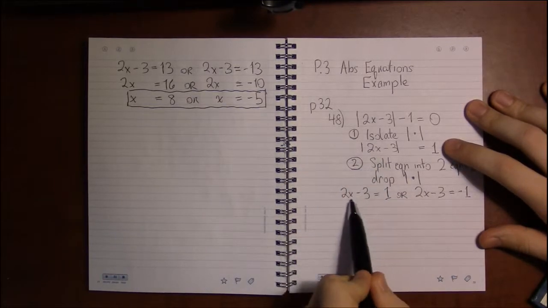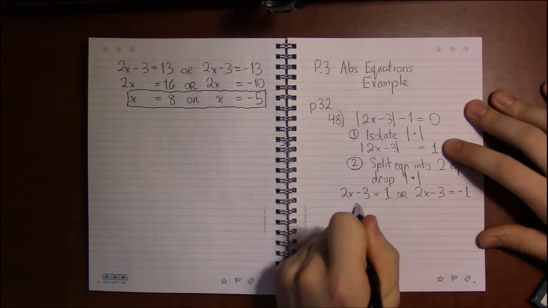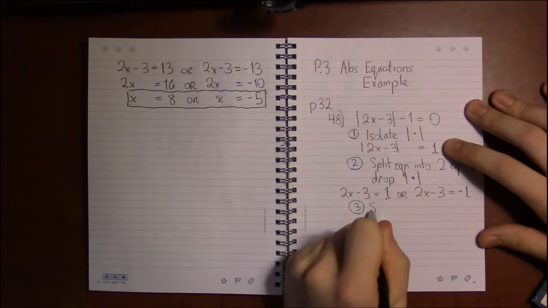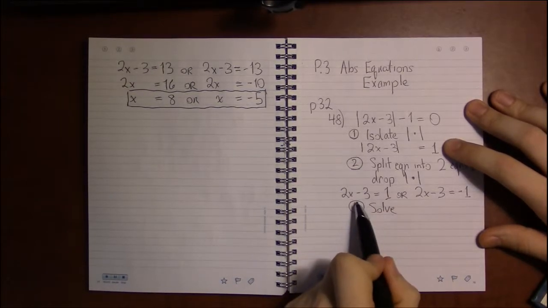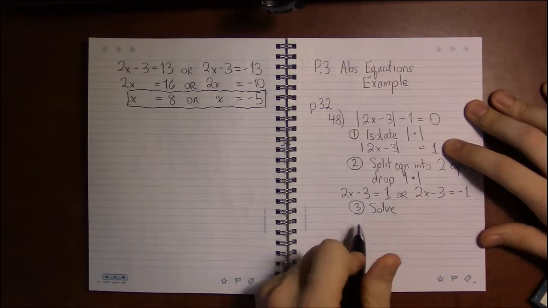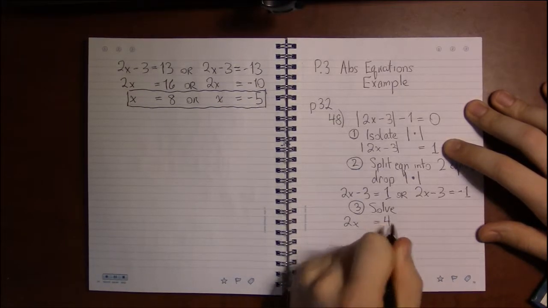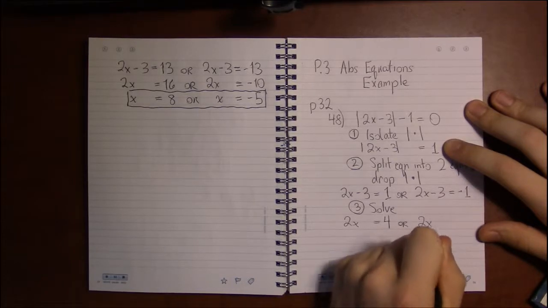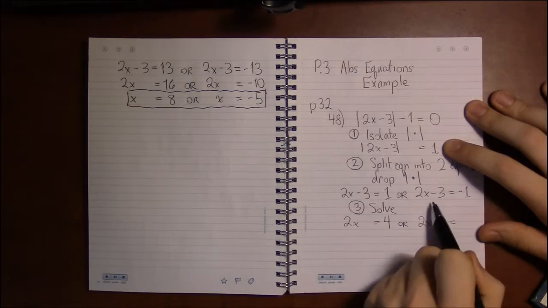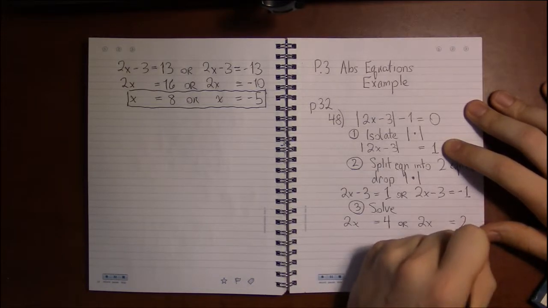So we got our equation, it's split into 2, and now finish it off. So we'll add 3 to both sides, on both equations. 3 plus a minus 1, that's just 3 minus 1, or 2.